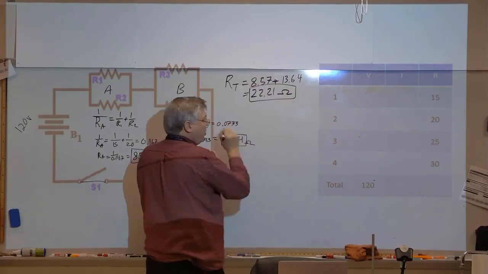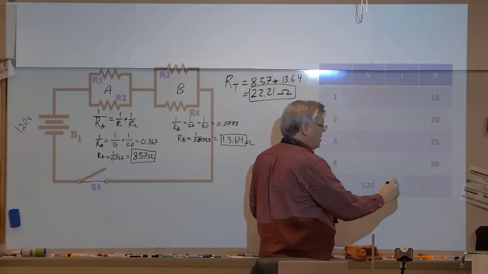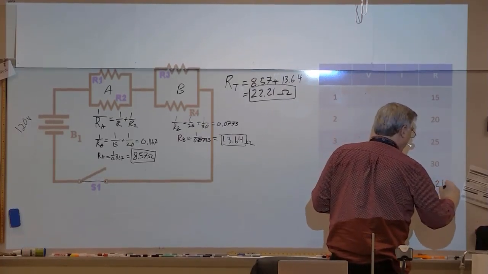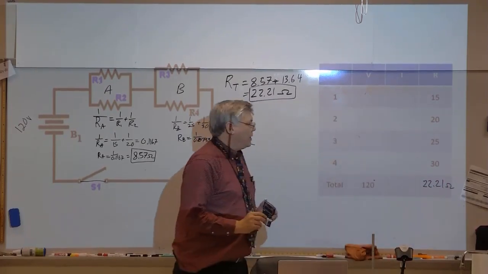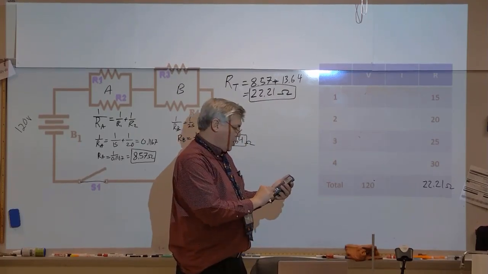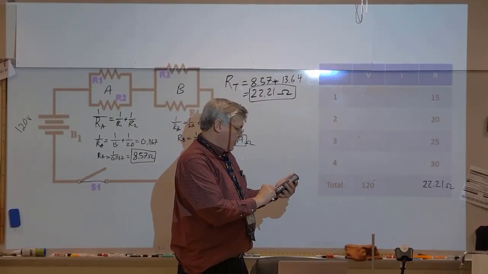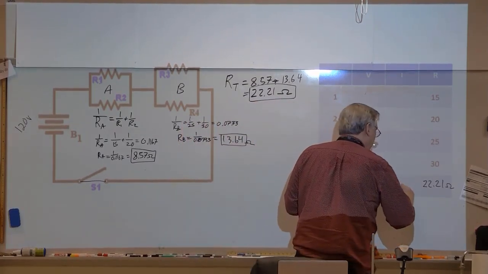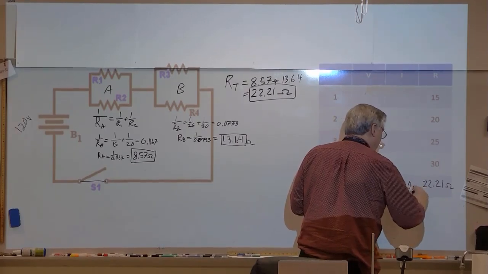So this is my total resistance. I can substitute that in here, 22.21 ohms, and use that to solve for the total current now. 120 divided by 22.21 ohms means that the total current is 5.40 amps.